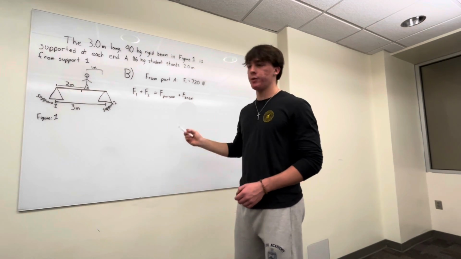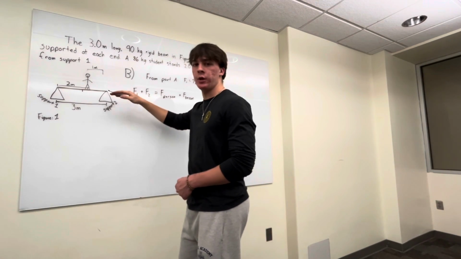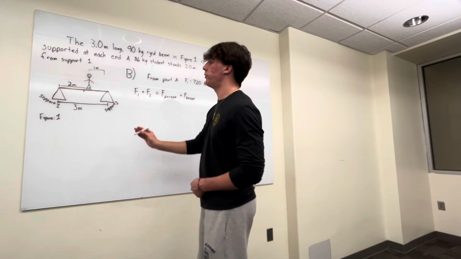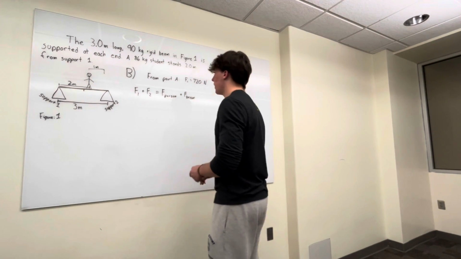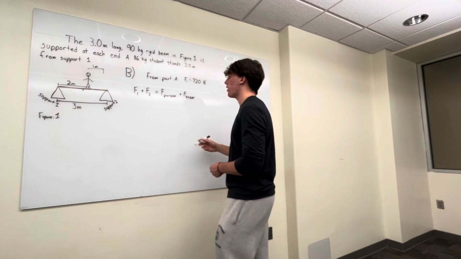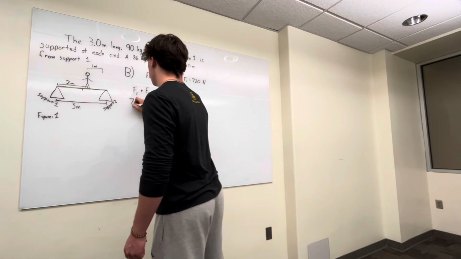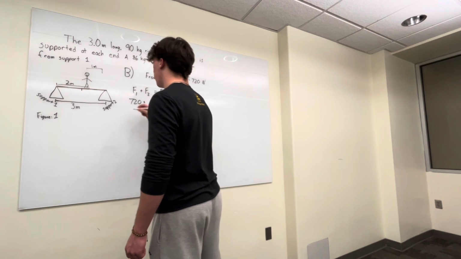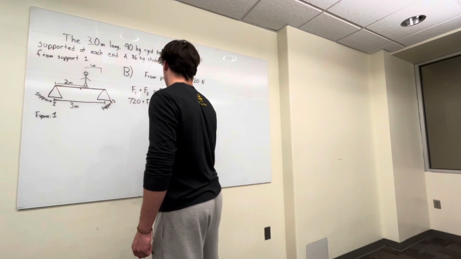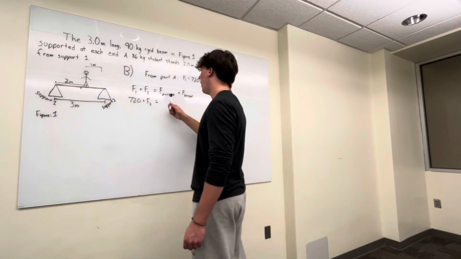The reason that we're able to do this is because we know that in this system we're in equilibrium, since nothing is accelerating, so we're able to set everything pushing up equal to everything pushing down. So now we can start to enter some of the information that we already have. We know that force 1 is 720 newtons, so 720 plus whatever support 2 is has to be equal to, similar to the last problem, mg.